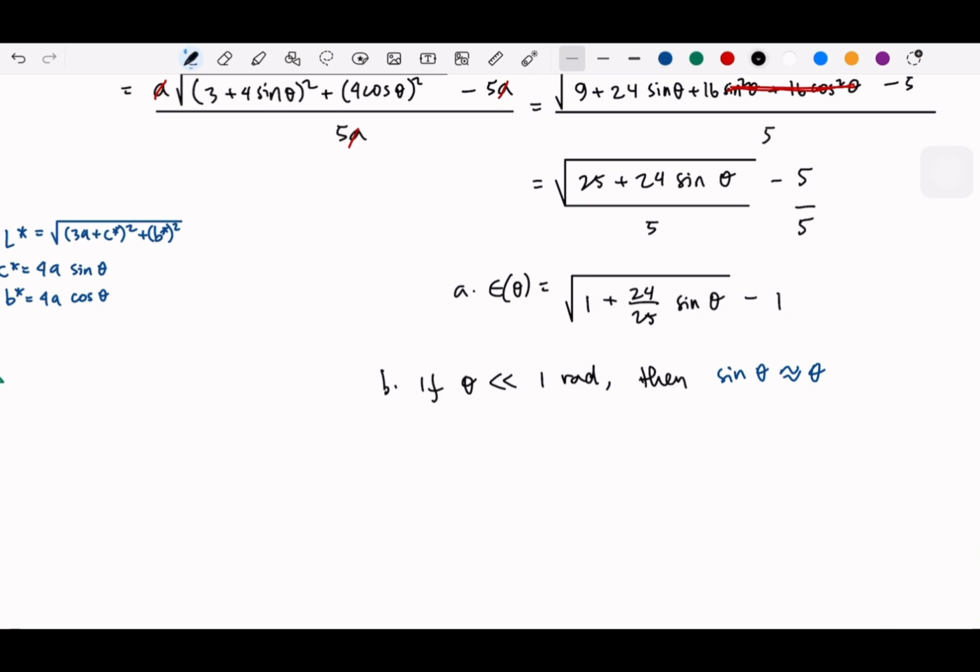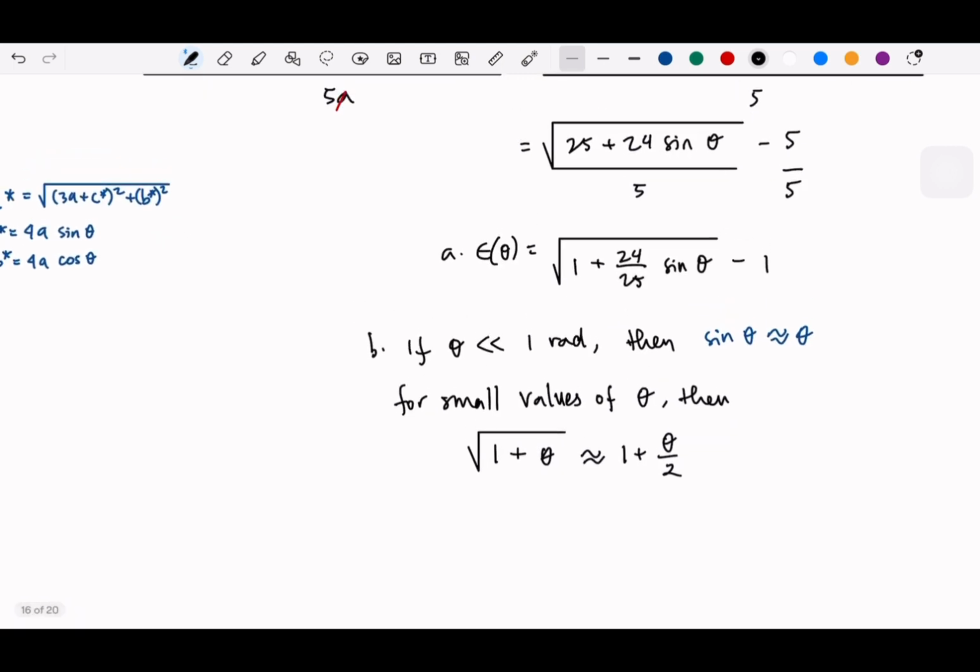So for small values of theta, this will be equal to this. This is from mathematics, but I will just write here to help simplify the subject.